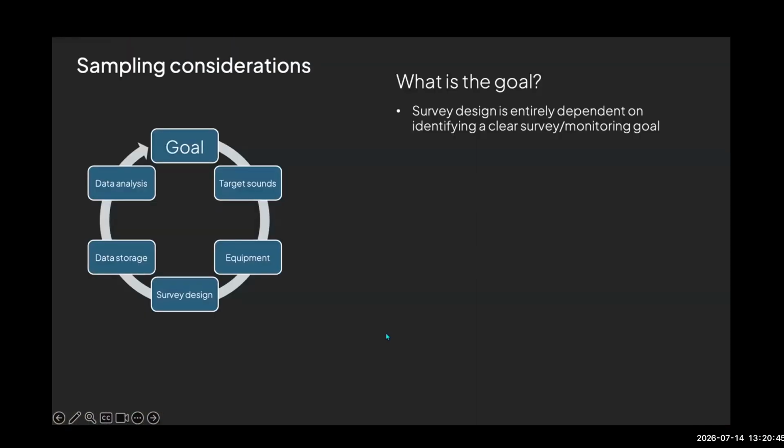considerations. So the most important thing when you're trying to come up with the design is just figuring out what the goal is of the whole thing, because the survey design is entirely dependent on identifying a really clear survey or monitoring goal. So are you targeting single target species, or is the whole community, so biodiversity, what you're after?